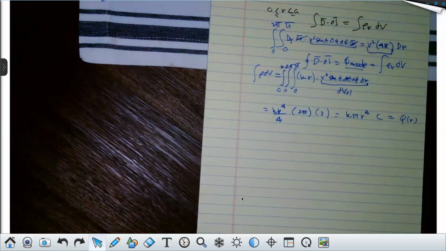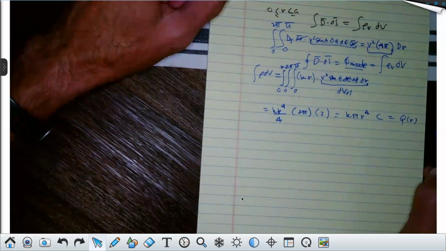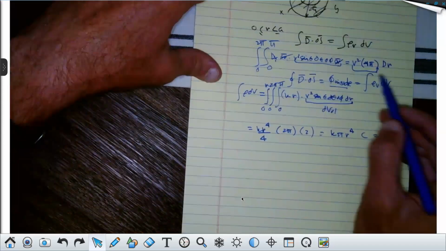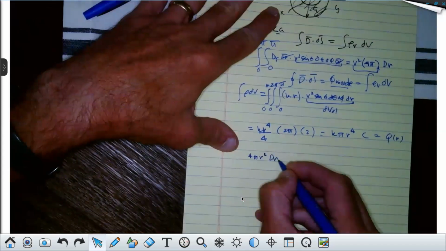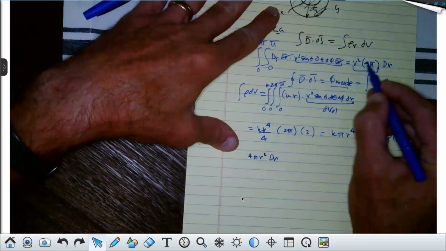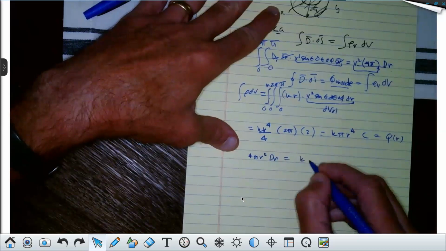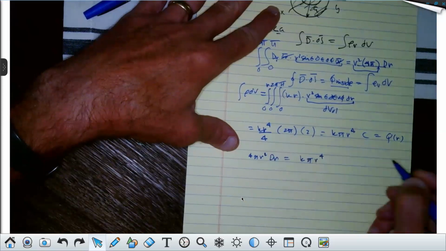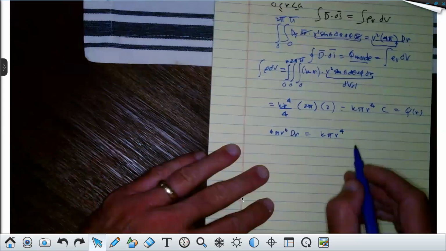Now, that charge is equal to the integral of D dot dS, and that's right here. So now I say that 4 pi r squared dr, that's the integral of D dot dS, is equal to the charge inside, which is equal to k pi r to the 4th. And you can see it's pretty obvious what happens next.